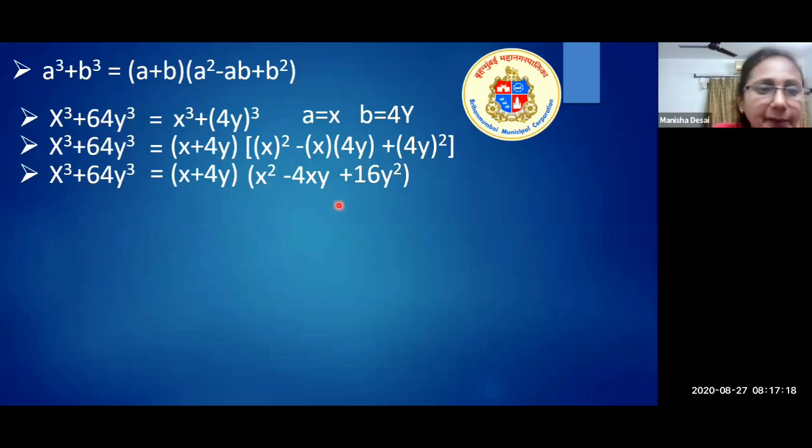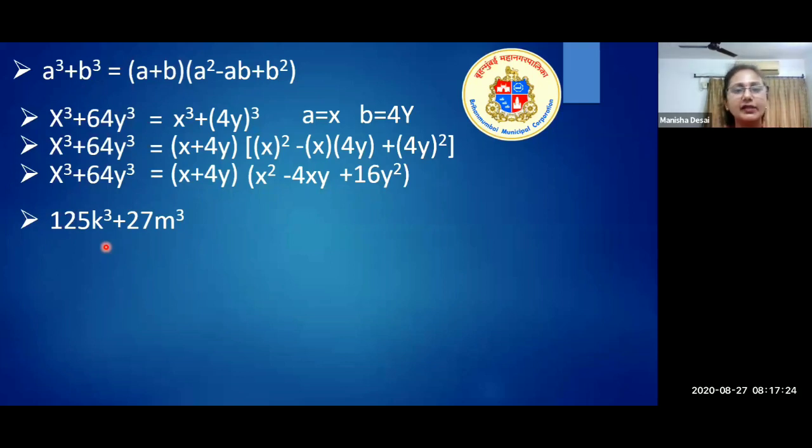Let's see the next example. Our next example is 125k cube plus 27m cube. Now here also you have to think of 125. So cube root of 125, which number? Five. Very good. So this 125k cube can be written as (5k) the whole cube.